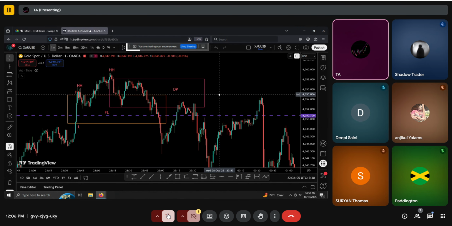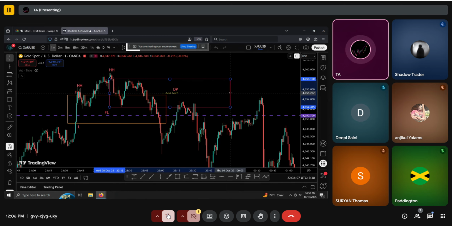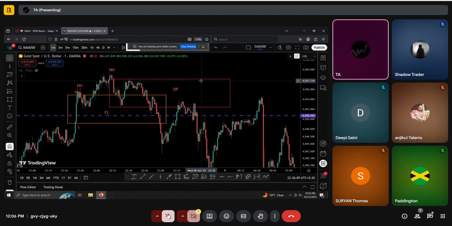Do you see this? If we divide this DP 50-50%, do you see the price goes up, just entered to about the 20 to 30% area, then fell back again.